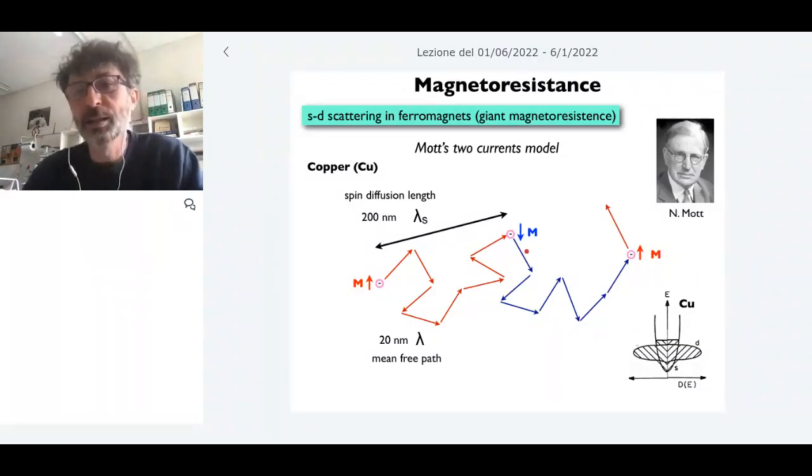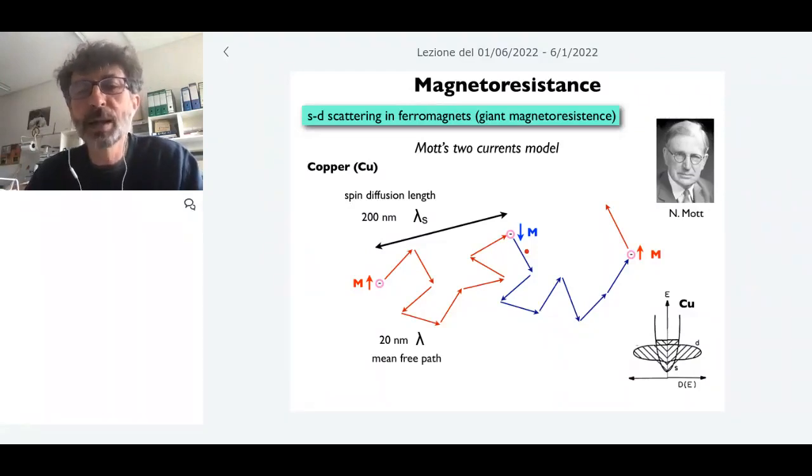They can scatter, for example, 100 times, because the mechanism that contributes to the change in direction and the mechanism that contributes to the spin flip are completely different. One is related to defects. The other, as we will see later, is related to the spin-orbit interaction. And this may be very much different.